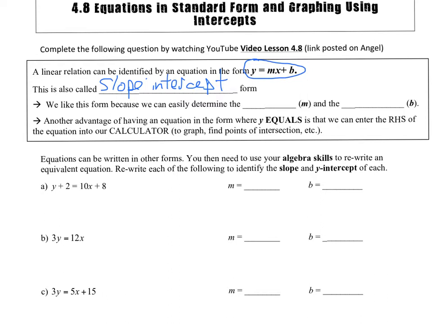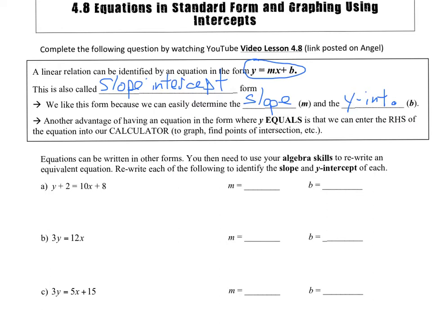And once you see us calling it that, you should see why. We like this form because we can easily determine the slope of the line. It also gives us b, which is the y-intercept.